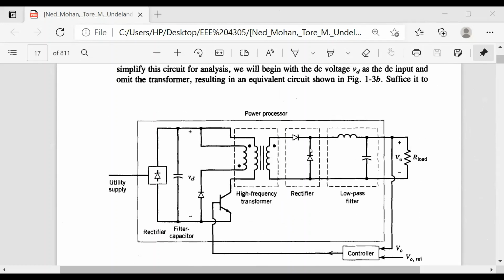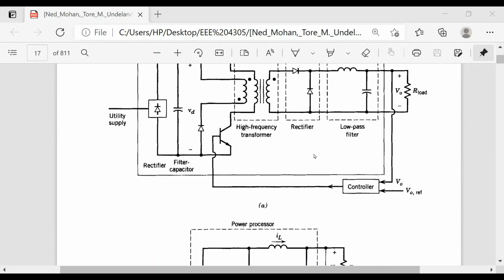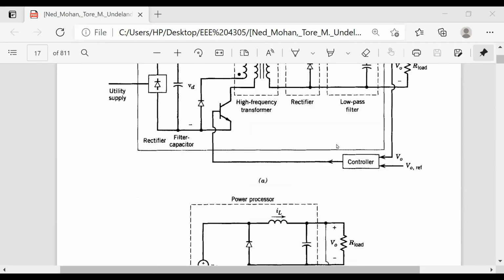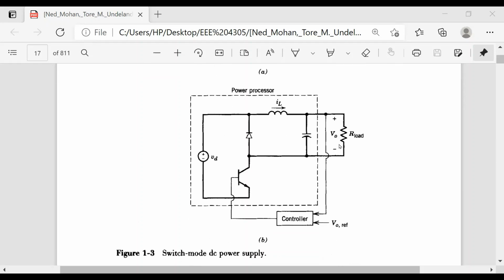So for your good understanding, they have simplified the above circuit. Now they say, look here, this is your power processor. Are you familiar with the power processor? I have already told you. This is your power processor.